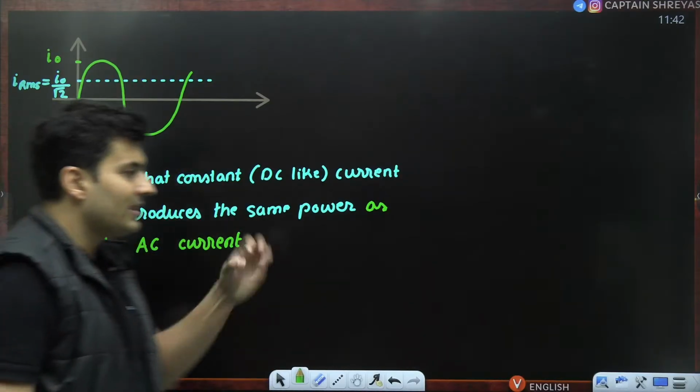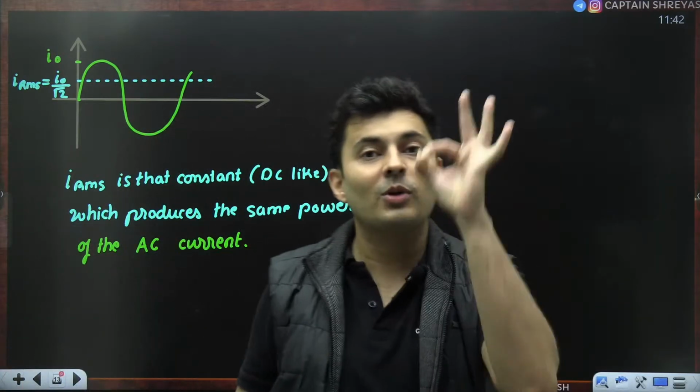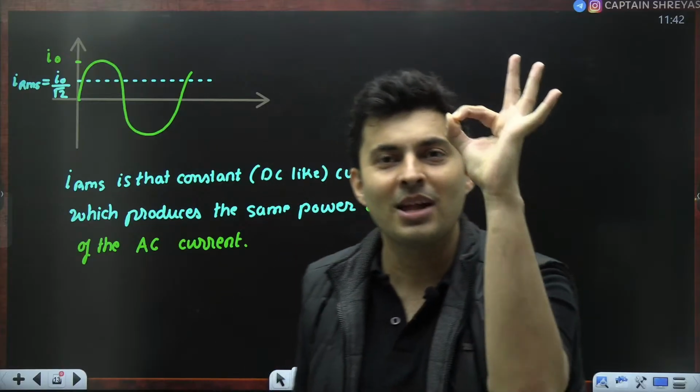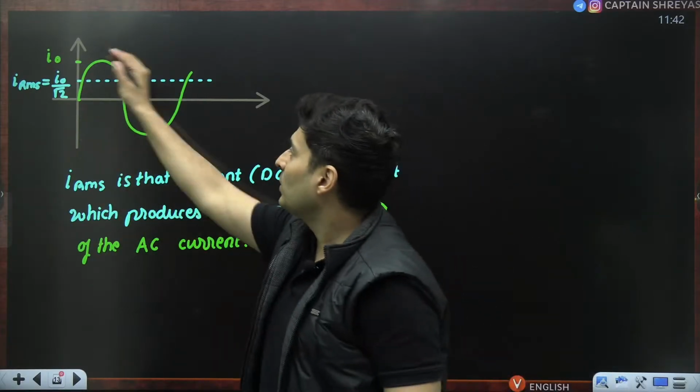So RMS is that constant current which produces the same loss as that varying current.